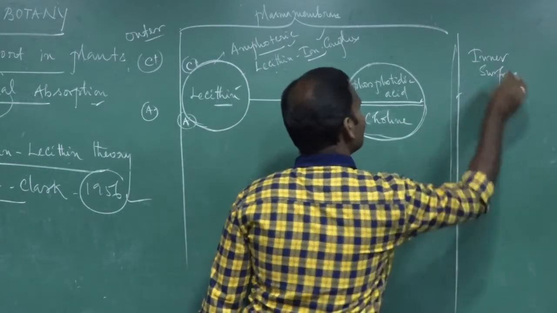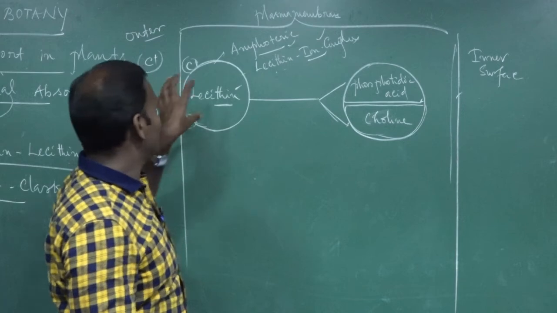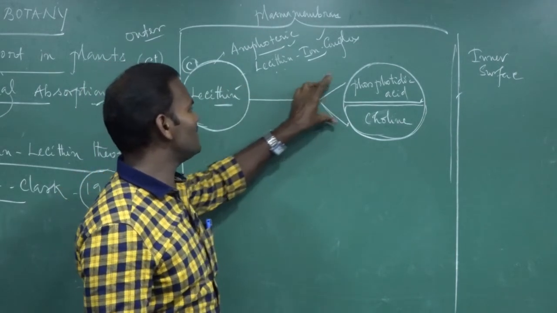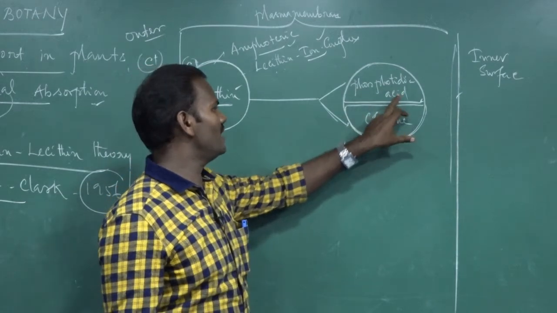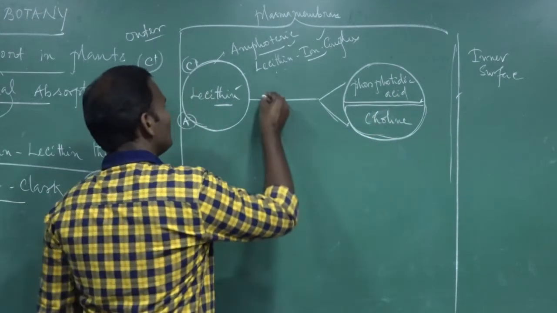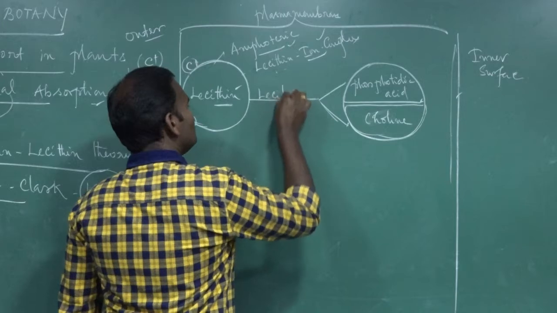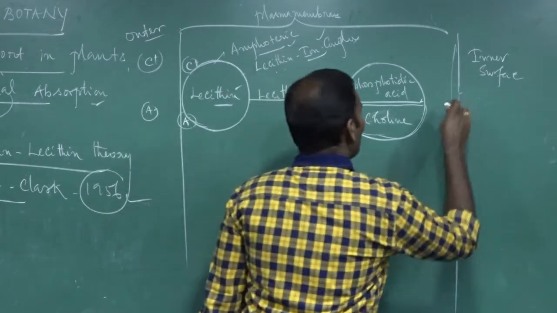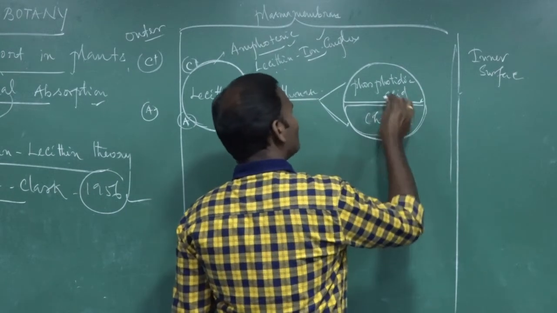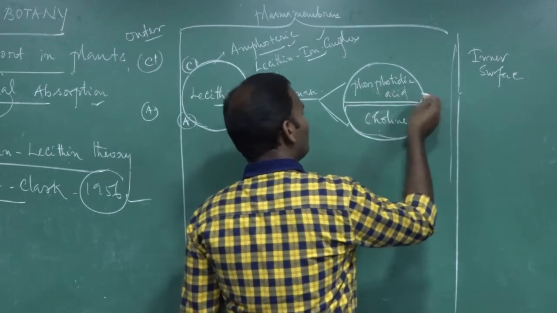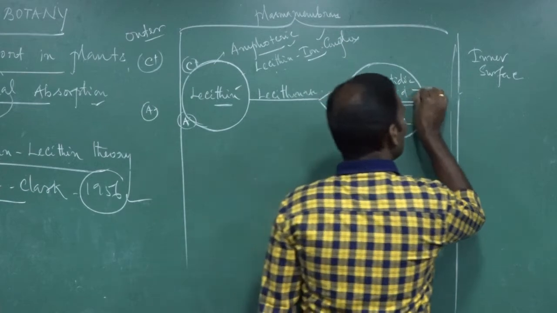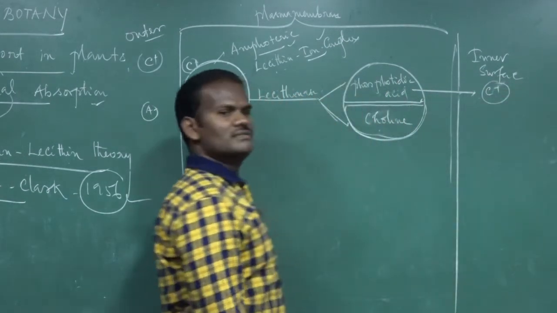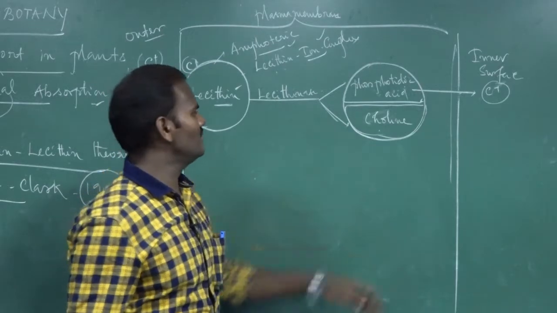When it is present in the inner surface of the membrane, this lecithin ion complex gets disassociated into phosphatidic acid and choline in the presence of an enzyme called lecithinase. Now this phosphatidic acid part of the carrier protein liberates the cations, positively charged ions, into the inner surface.